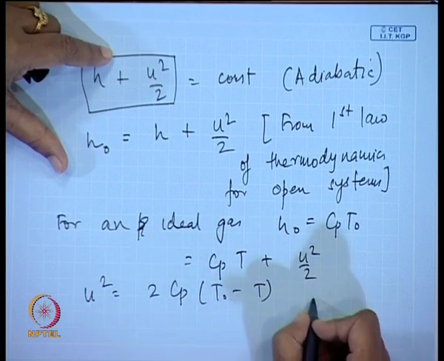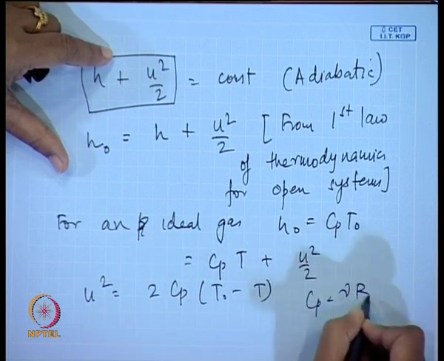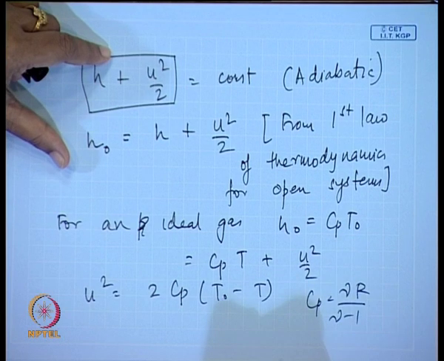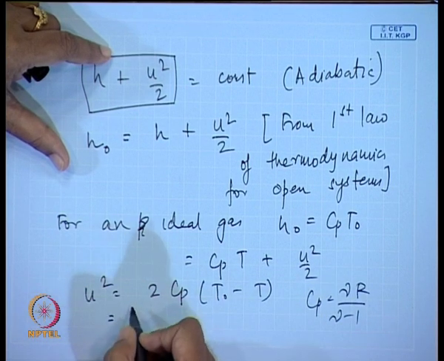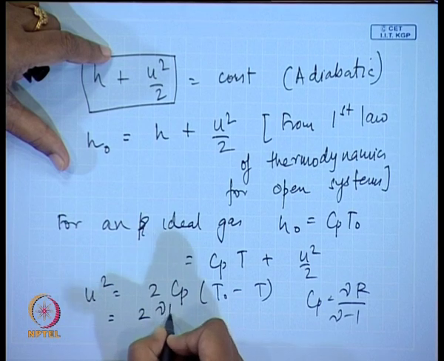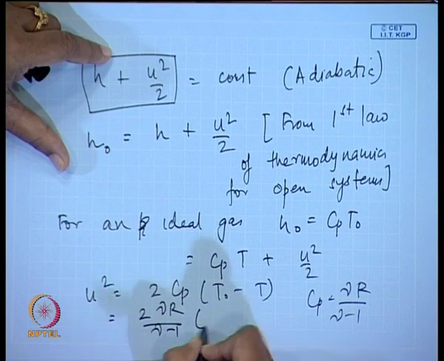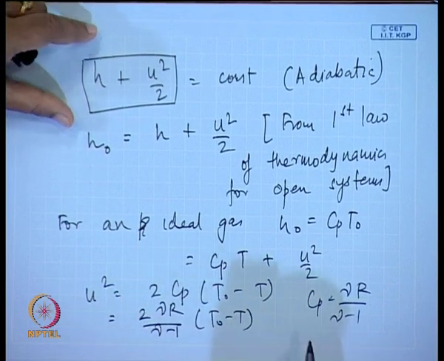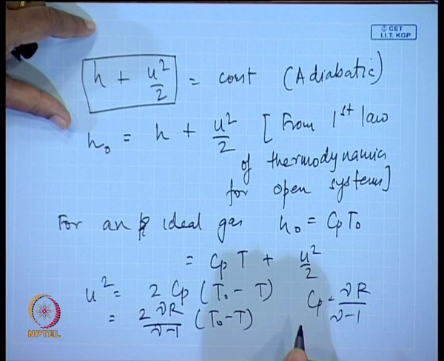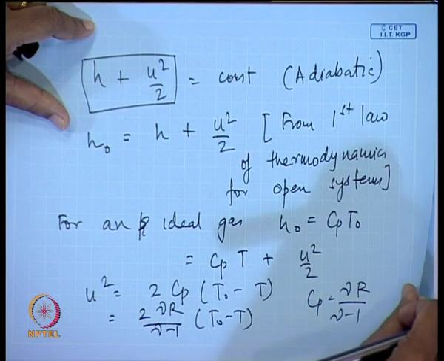Agreed? We know what Cp is: gamma R by gamma minus 1. So this u square can be written as 2 gamma R by gamma minus 1 into (T0 minus T). Yes or no? Okay.